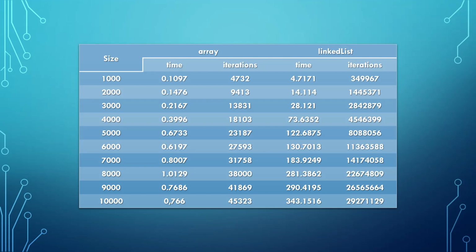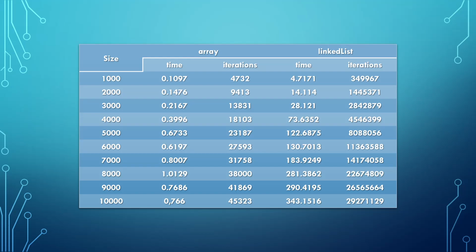You can see that array starts working faster from the very beginning, from the very small sizes like 1000 up to 10,000. The time isn't growing so fast, and iterations as well.